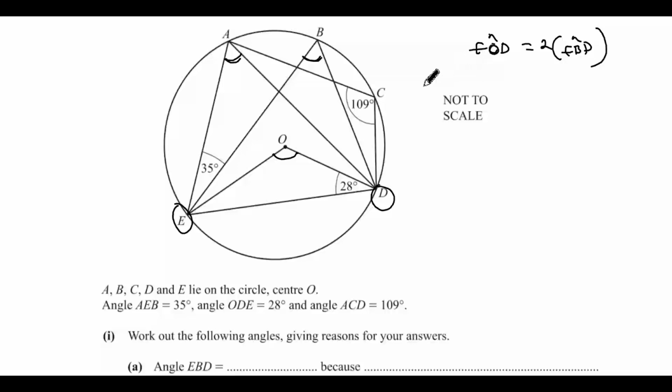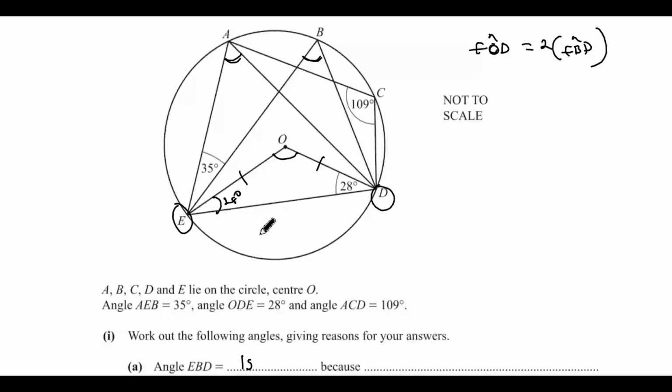So you can get this angle EOD from this triangle EOD. Since OD is a radius, this and this will be equal, and you have an isosceles triangle, so this will also be 28 degrees. One thing that will make it easy for us to get the angle EBD, even without getting the answer, is that we can say isosceles triangle.